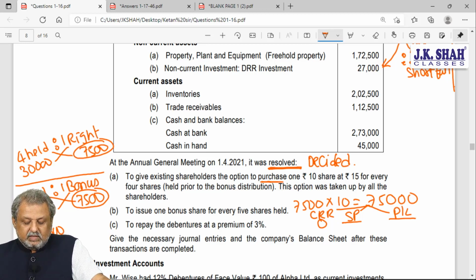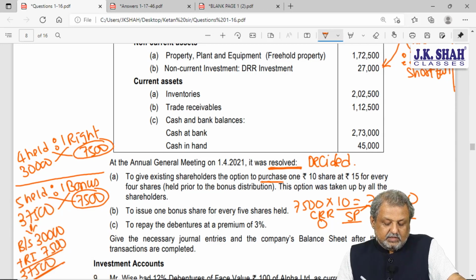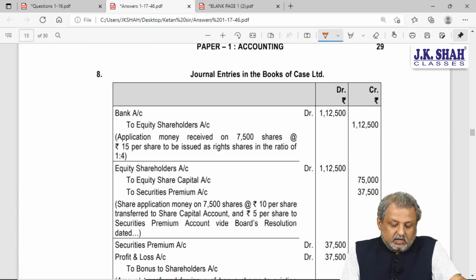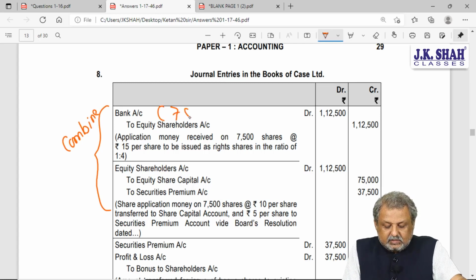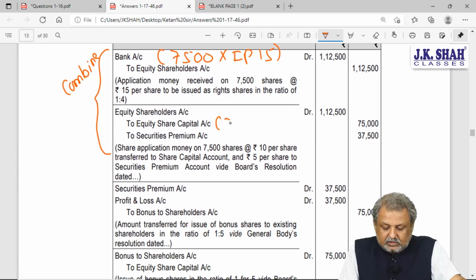So you should give the entries as per whatever is the resolution, one by one. First, right issue. Now again, for right issue, two separate entries are given. You can combine it. Bank debit 7,500 into issue price 15, equity share capital 7,500 into face value 10, securities premium 7,500 into premium 5.